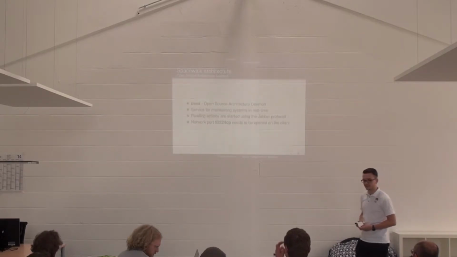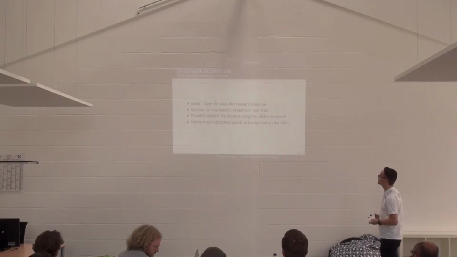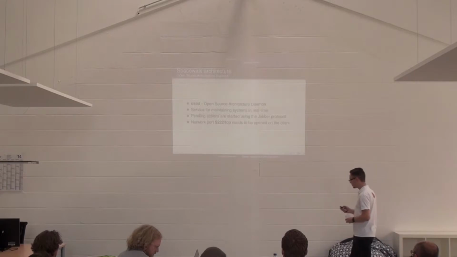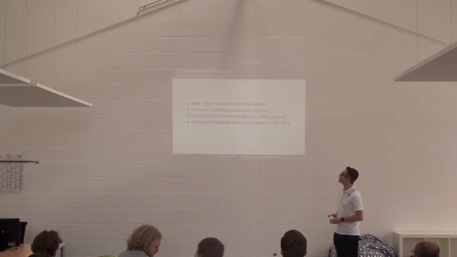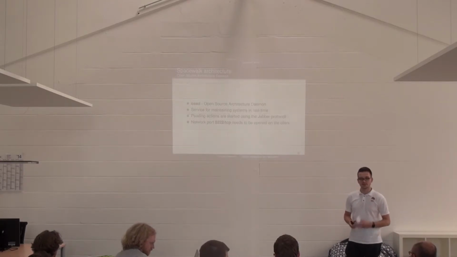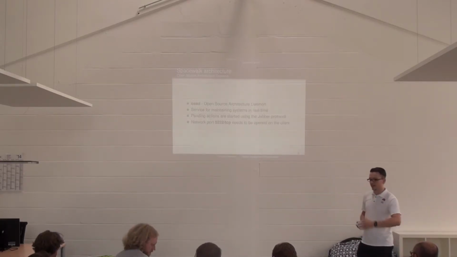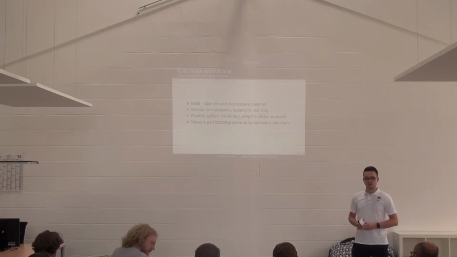But there are also some additional components that are not part of the graphic I just showed you. For example, there is OSAD, which stands for Open Source Architecture Daemon, and that's a service for maintaining systems in real time. So for example, you are planning to install patches on server 1.